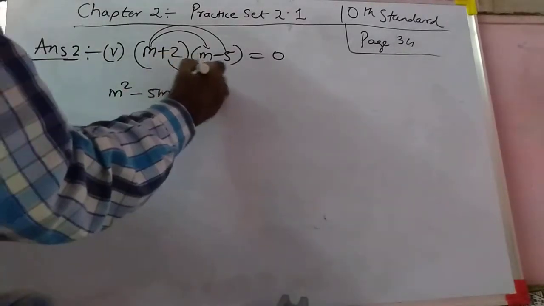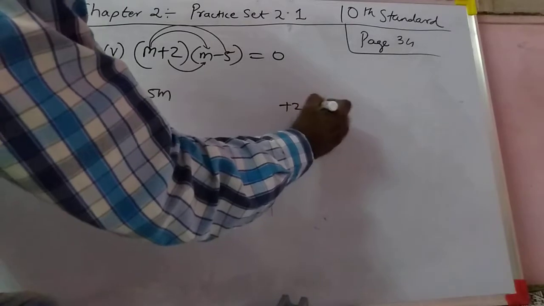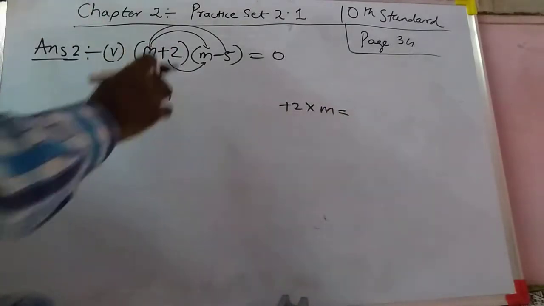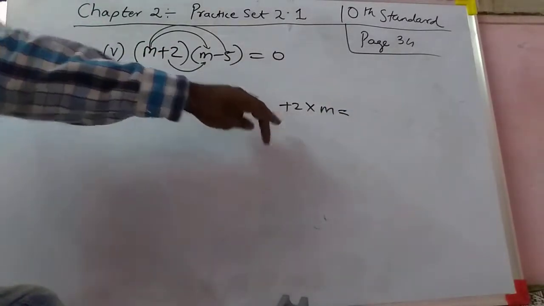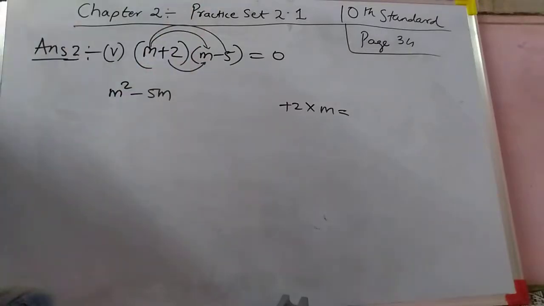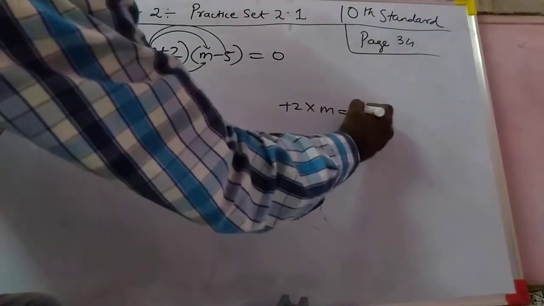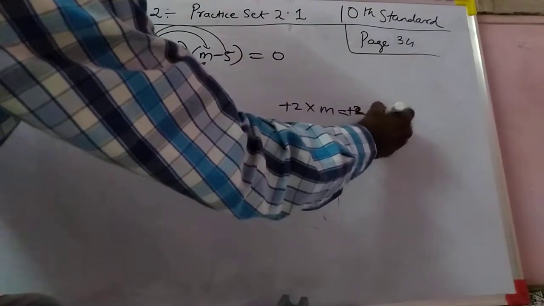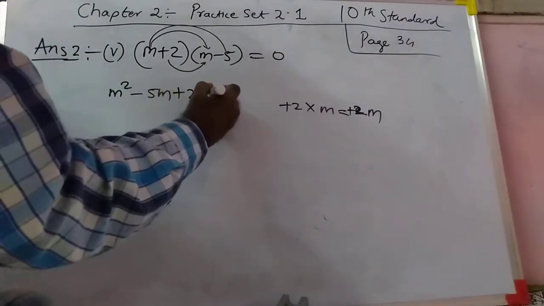Then plus 2 into m. The sign is important, okay? Whenever you multiply, take the sign and multiply. So it will become plus 2m.